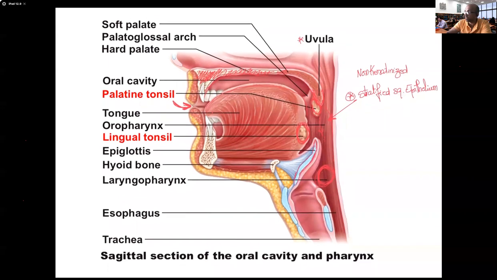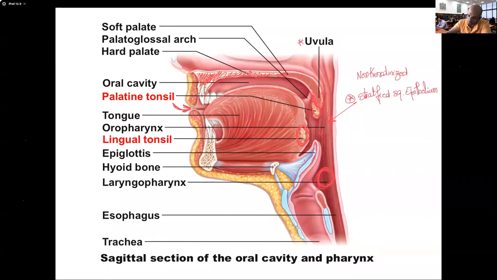This includes the epiglottis, the thyroid, and the cricoid cartilages that will be forming the structure of the voice box, or the larynx. And if you remember, air will travel from the larynx down to another tube. This is going to be my trachea. Located posterior to the trachea, as a continuation of the oropharynx, is going to be the esophagus.